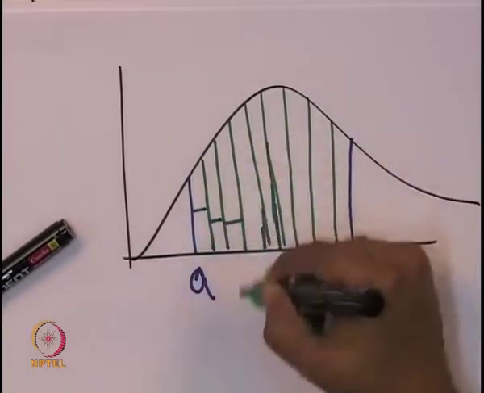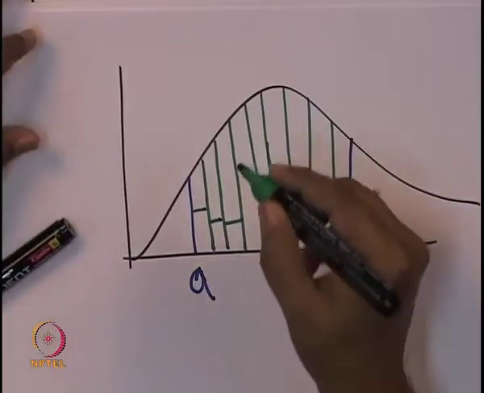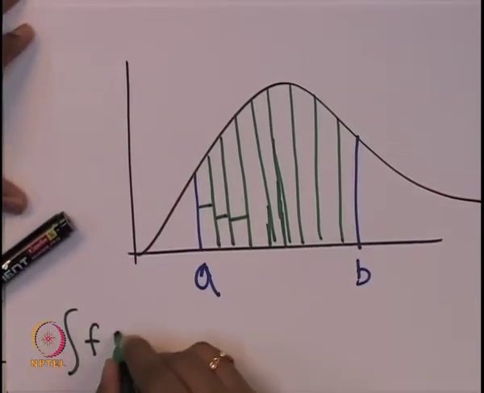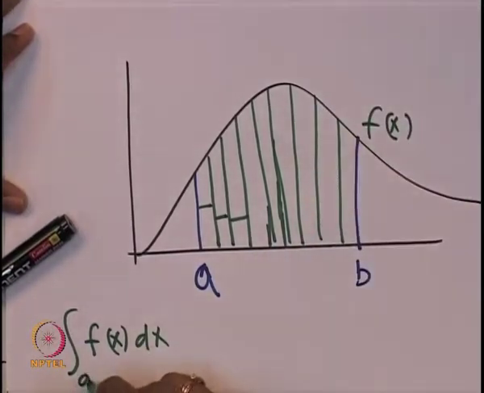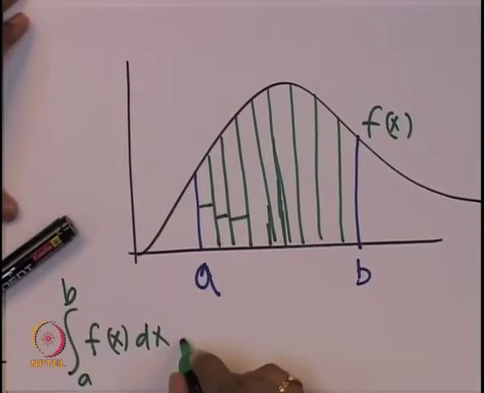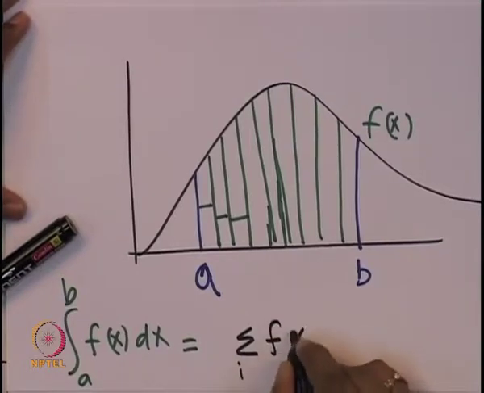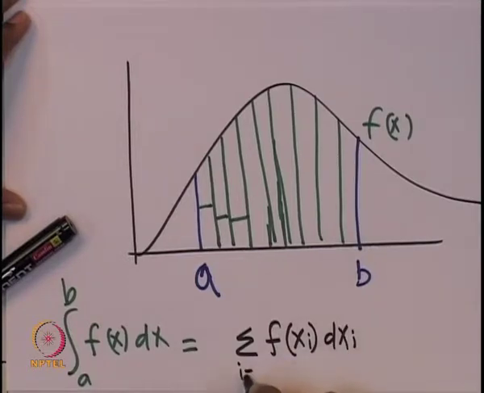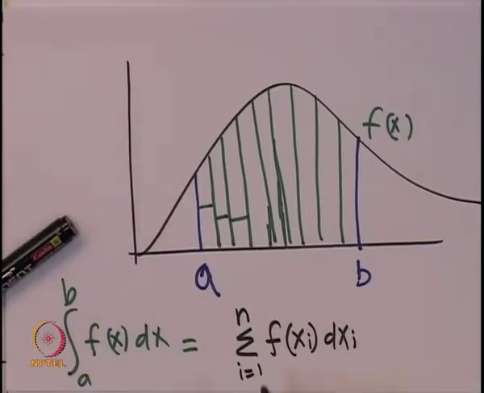So, let us say you divide this into n equal parts, then this integral f of x dx, so this is our f of x from a to b, can be written as the sum over i of f of x_i dx_i, where i is 1 to n.